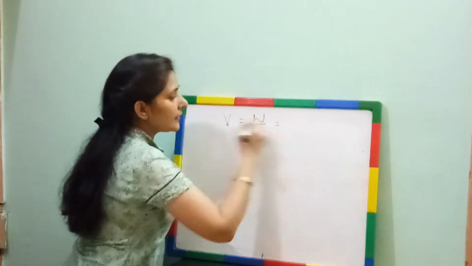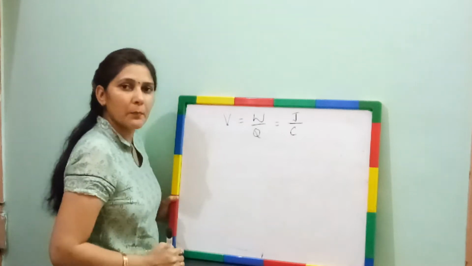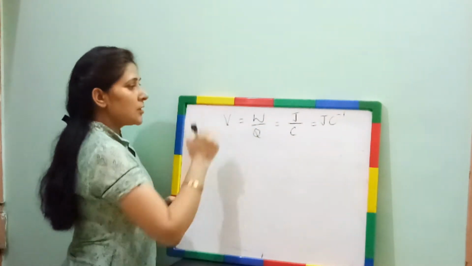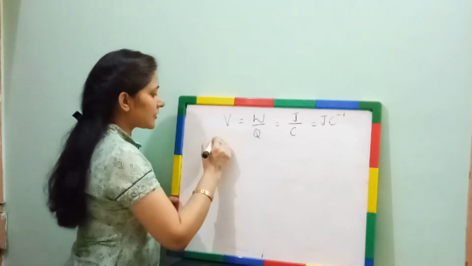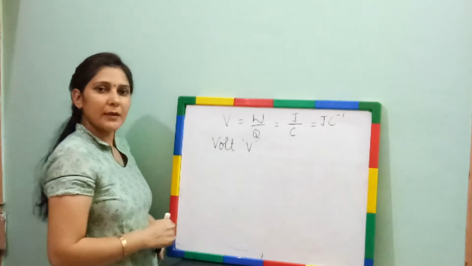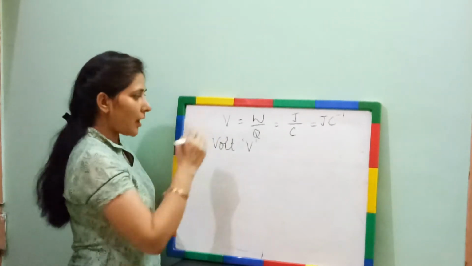So work done is measured in joule. Charge is measured in coulomb. So that may be written as joule coulomb inverse. So the SI unit for potential difference is volt. Volt is denoted by capital V. So if somebody asks you to define 1 volt, how can you do this?